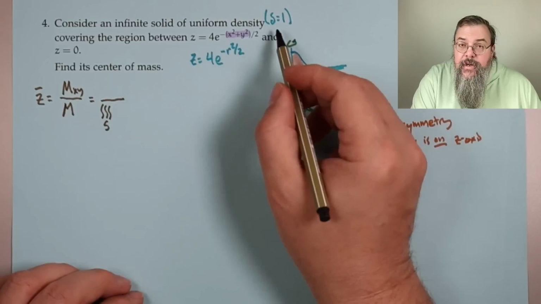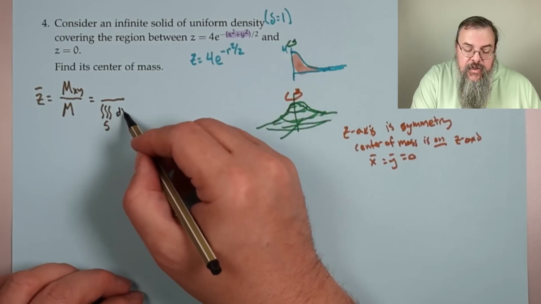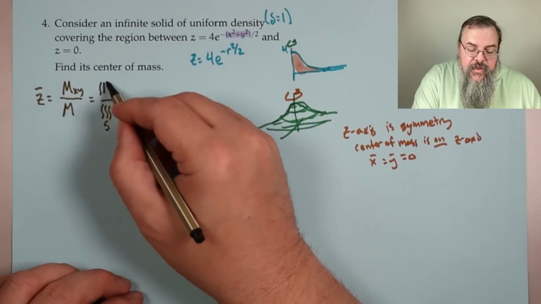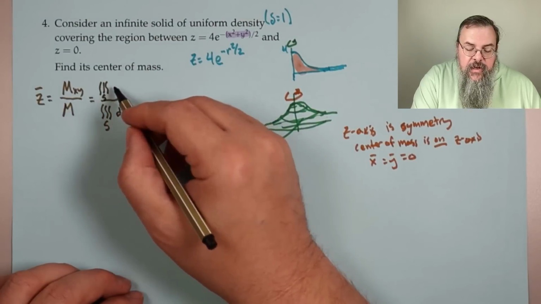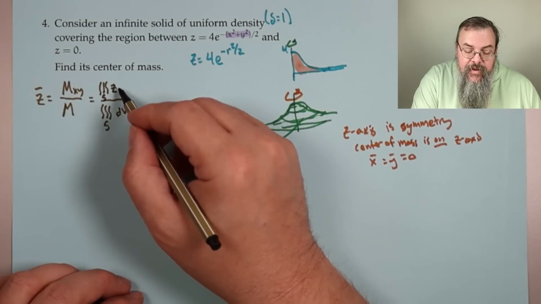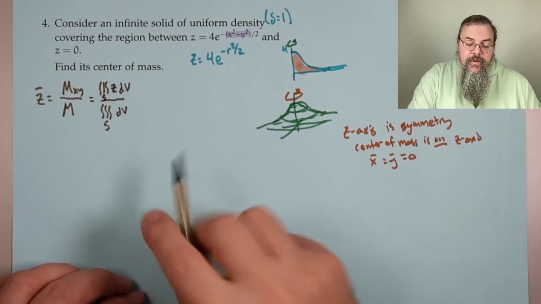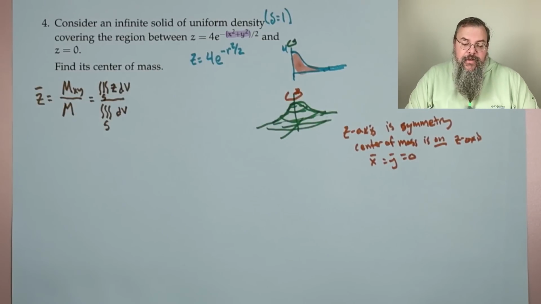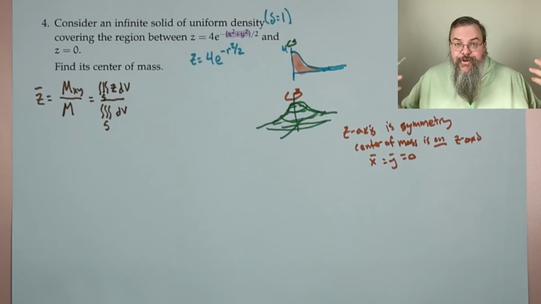Well, our density is 1. So it's the integral over our solid of 1 dV. Upstairs, it's the integral over our solid of z, which is the distance, times density 1 dV. So we have 2 integrals to compute. All right, let's go ahead and do them both.